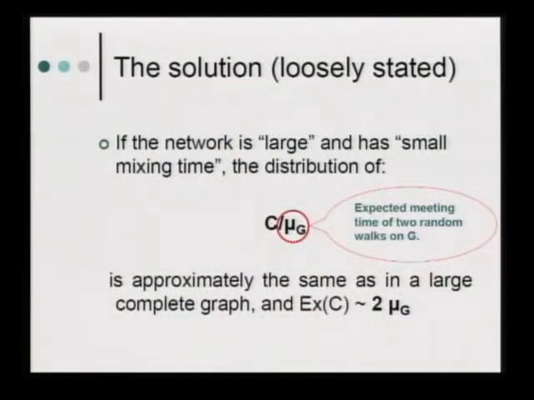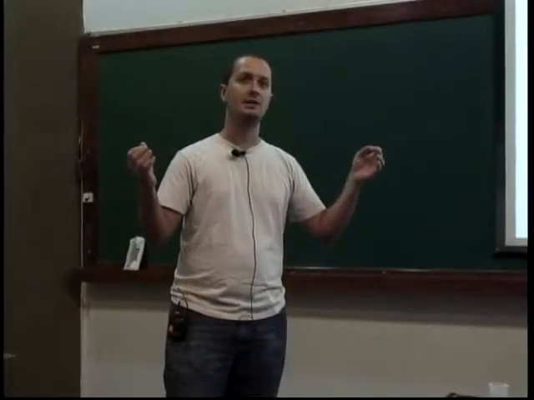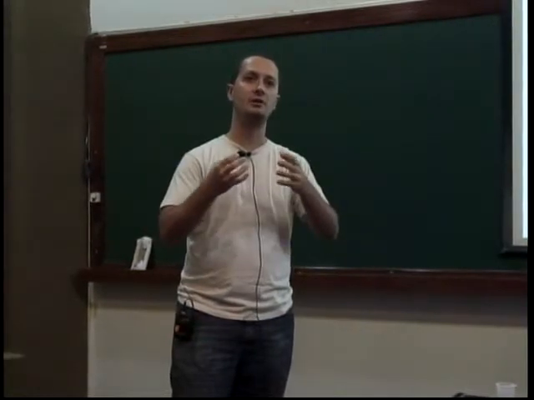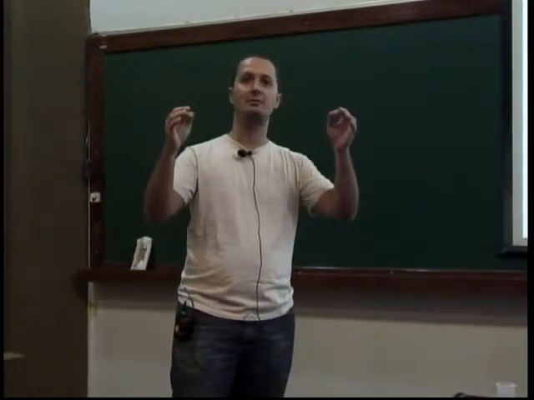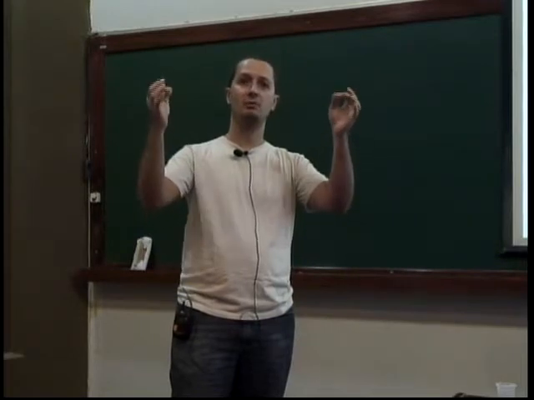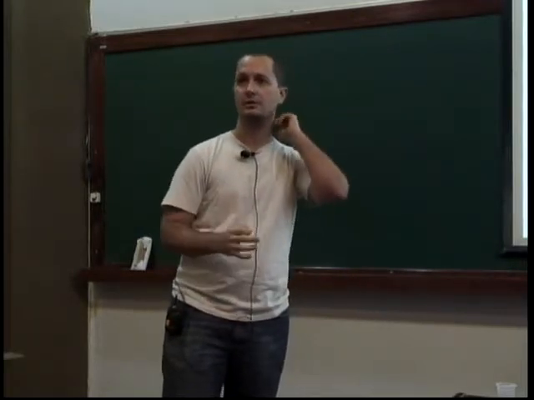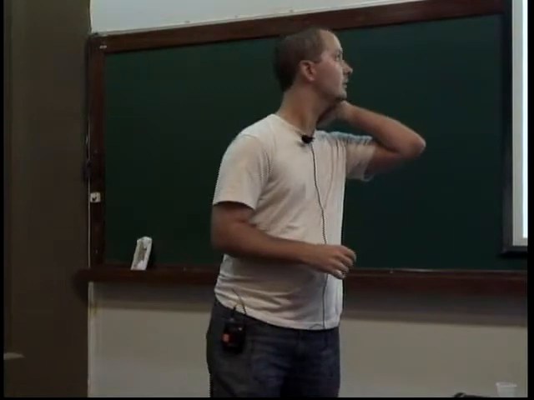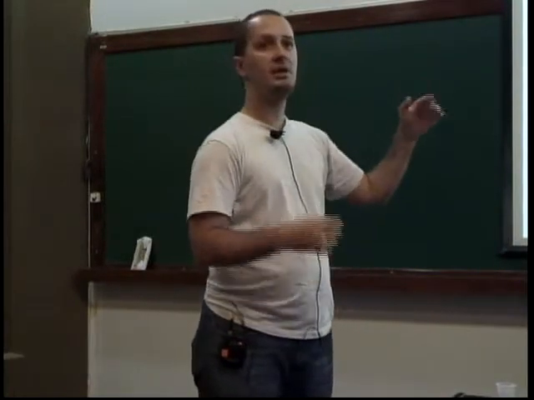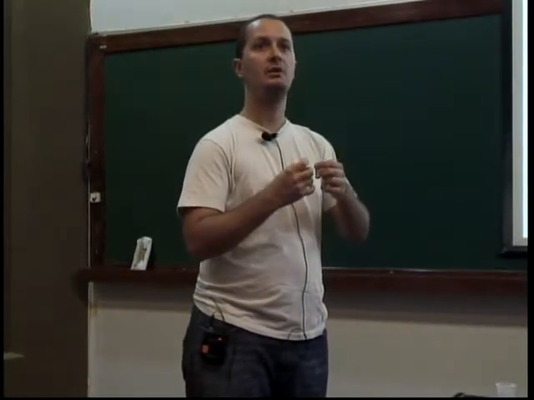This is the expected meeting time of two random walks in G. So you have a system of potentially 1 trillion random walks on your graph, and as long as your graph is reasonable in some sense, the time it takes for all of them to coalesce into one cluster is twice the expected time for a pair of particles to coalesce into one cluster. C is the coalescence time for a given graph.